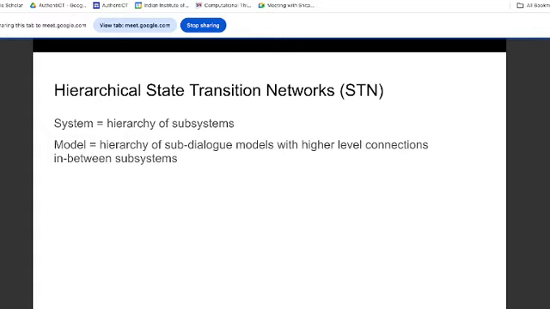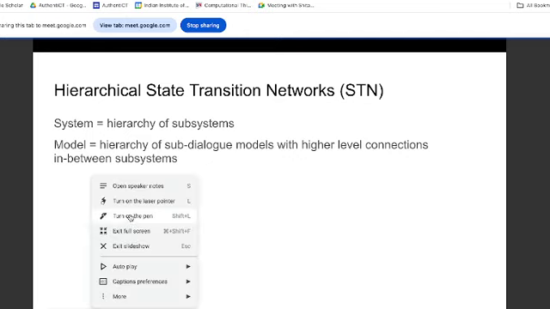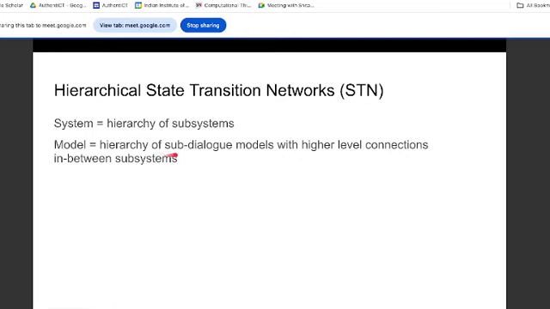In the subsystems there are a lot of sub dialogue models that happen. So when we try to model a system, we are trying to model the hierarchy of these sub dialogue models. Sub dialogue is the interaction between these subsystems. So we try to model these sub dialogue models with higher level connections in between these subsystems.